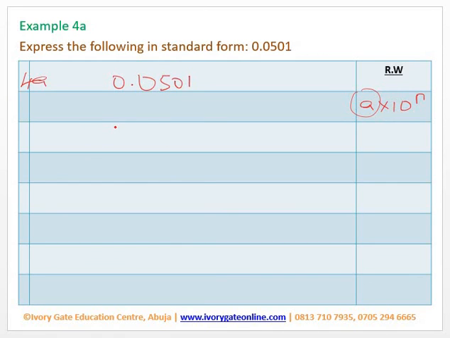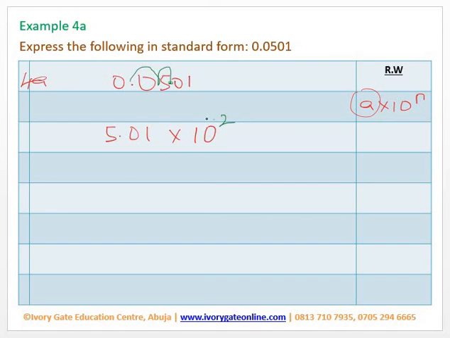So in that case, we have 5.01 times 10 raised to power. Then we check how many moves it will make to get to that 5 point. 1, 2. So in this case it will be 2. But this time will it be plus 2?